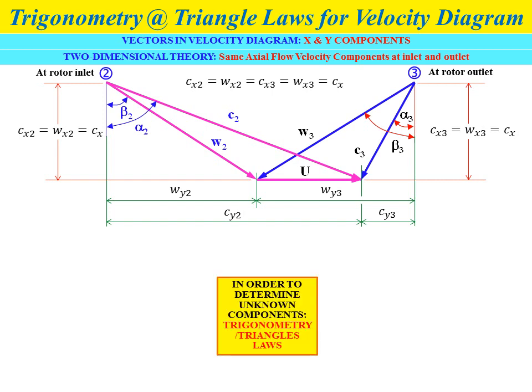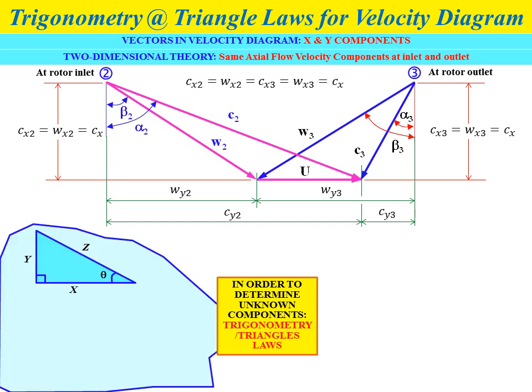Let's say we want to know a specific value of a component in the velocity diagram. In order to determine unknown components, we can implement the trigonometry or triangle laws. For example, referring to the blue triangle, where we have theta and the sides x, y, z, we can use these equations: cos theta equals x over z, sin theta equals y over z, and tan theta equals y over x.